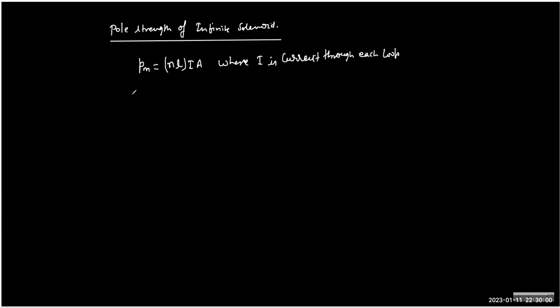So for a solenoid, this is the way of writing it. If you compare with M equivalent into L, the M equivalent of the solenoid is nI. Understood?